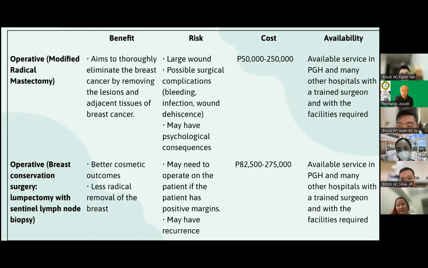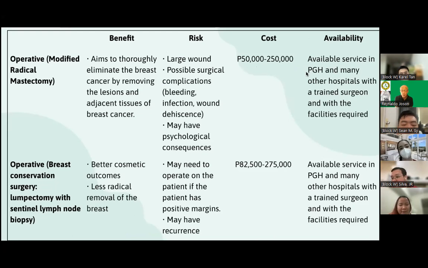Another example of applicability is that this table shows the available services in PGH and in many hospitals. In terms of radiation therapy, there are a lot of centers in the provinces which do not have radiotherapy facilities.